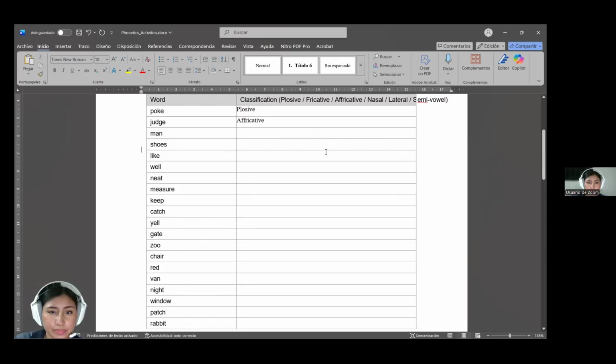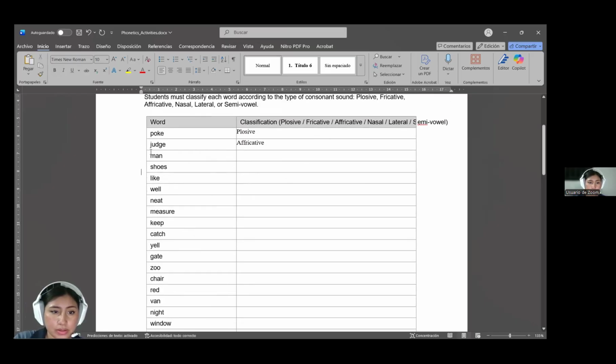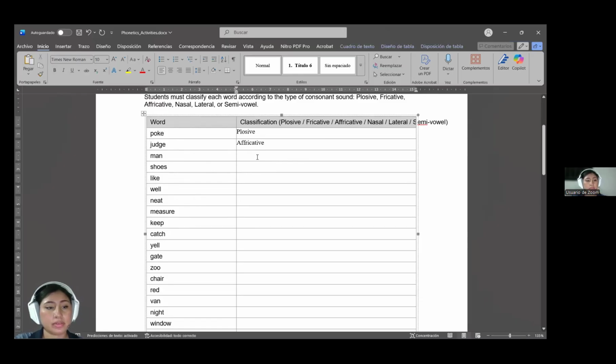So let's continue with the activity and check your answers. The word man. What is man? Exactly, it is nasal. What about shoes? Shoes. Yes, it is fricative. Like, we saw this example.